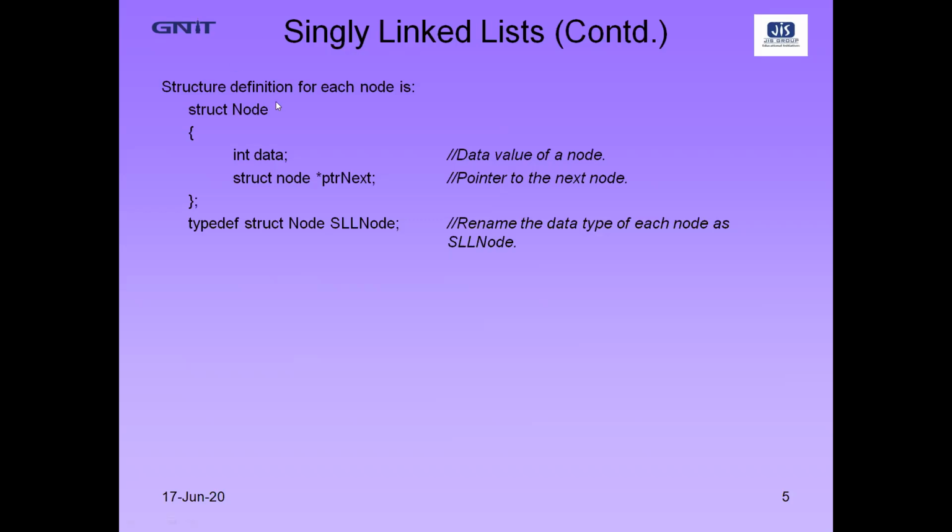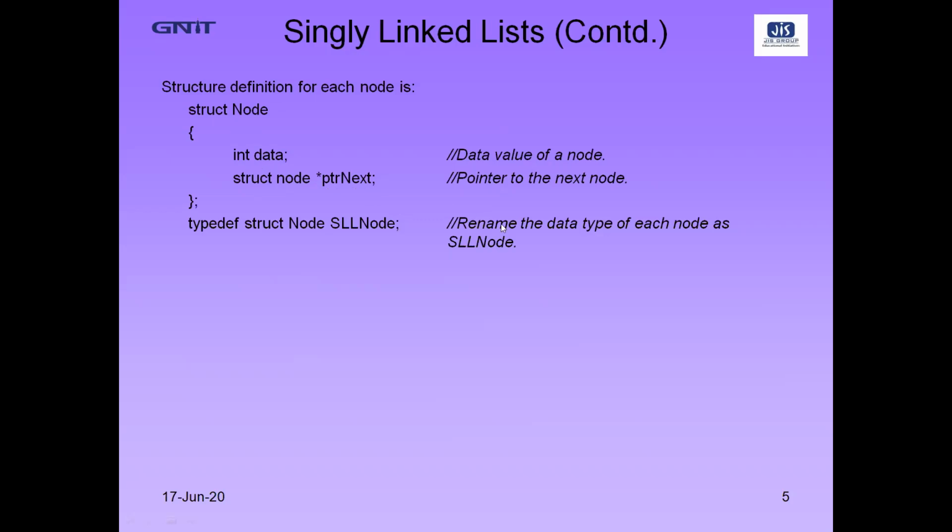Here, struct node, at first struct means structure, and each contains two parts. First one is the data value part, and the second one is the pointer to the next node, right? And in this case, I consider the data element type is integer. And when it points to the next node, that's why here we write struct node star ptr next, as it is a pointer.